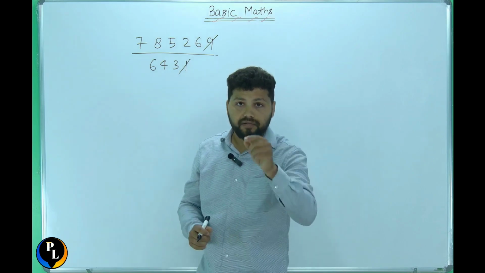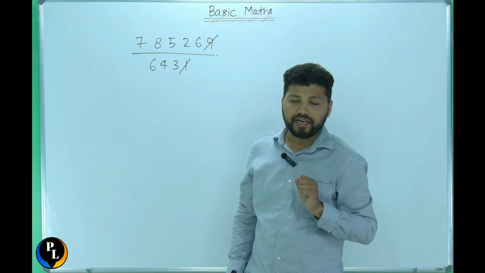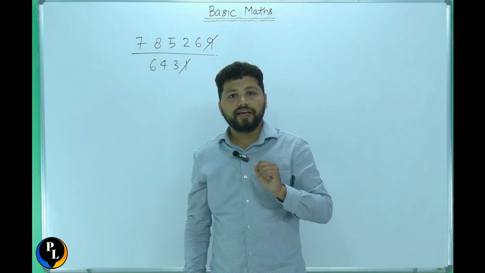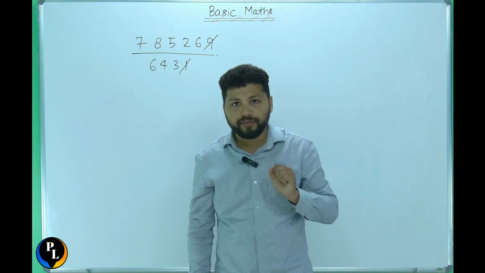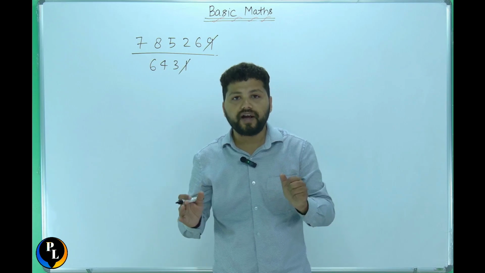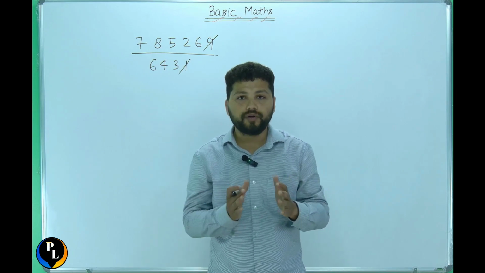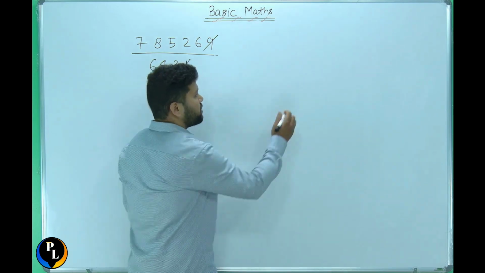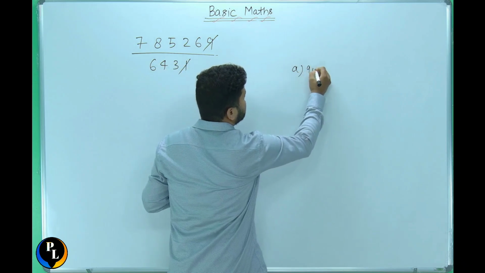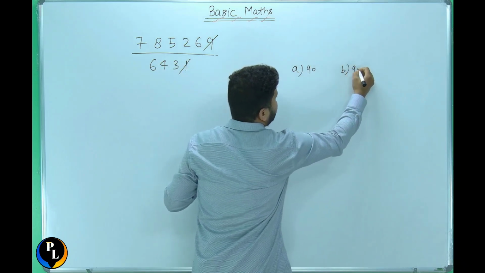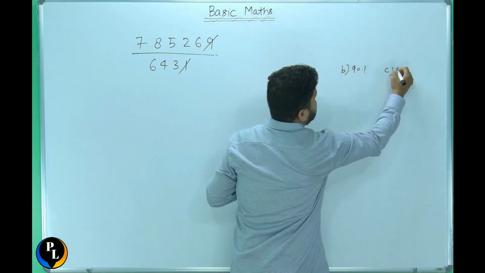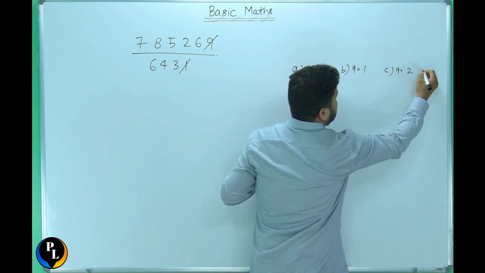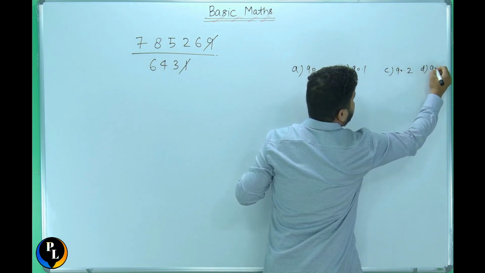Clear? And one more point I have to discuss here. In JEE and NEET kind of numericals, you will never find that options are very close. For example, suppose the first option is 90, second option is 90.1, third option is 90.2, last option 90.3.